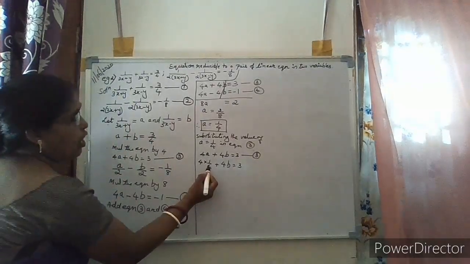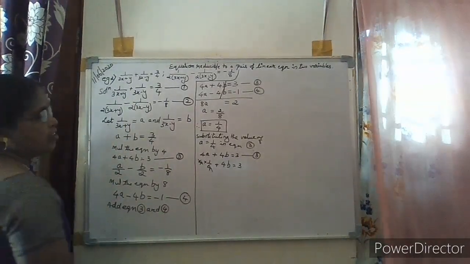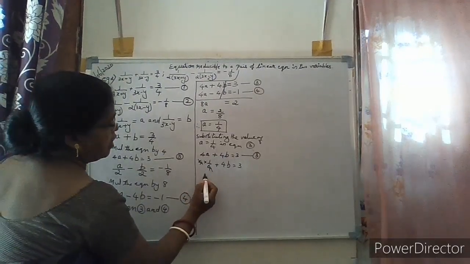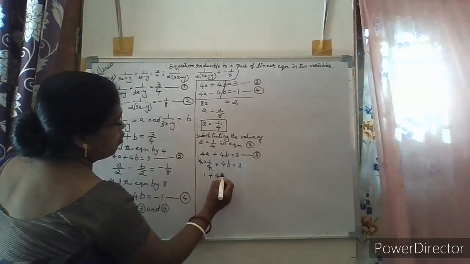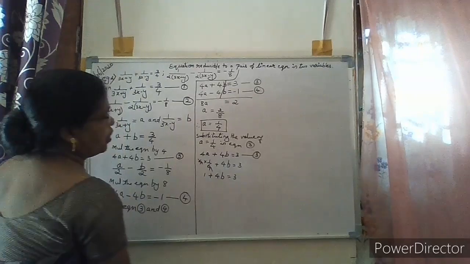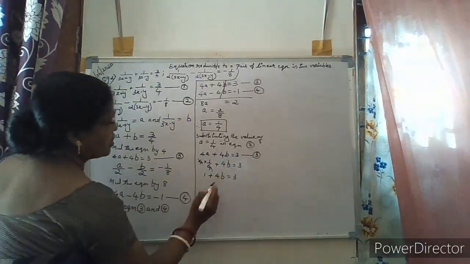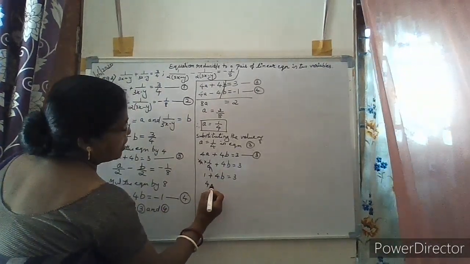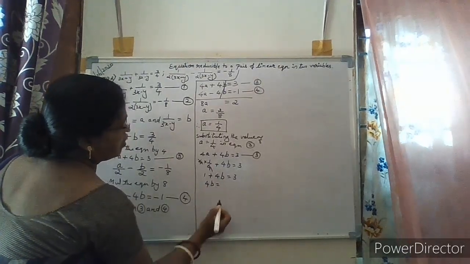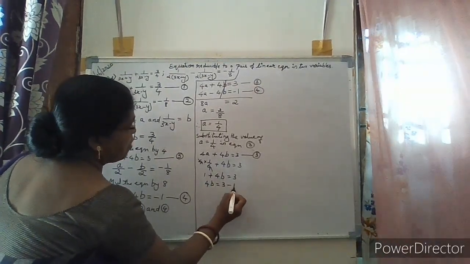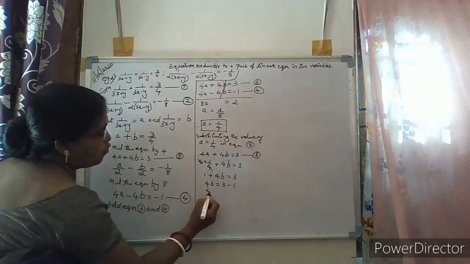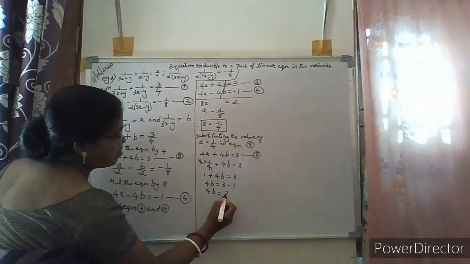Now here 4 gets cancelled. So only 1 is remaining. 1 plus 4b is equal to 3. So this 1 I will transfer to the other side. 4b is equal to 3 minus 1. So 4b is equal to 2 here now.